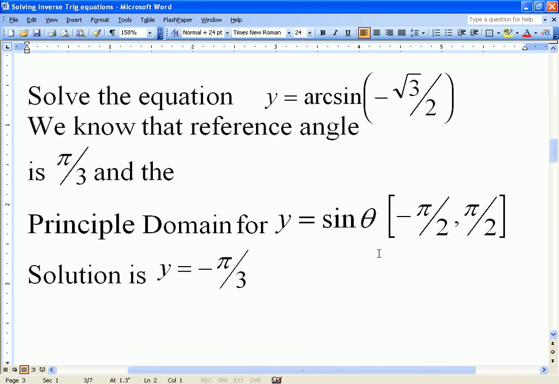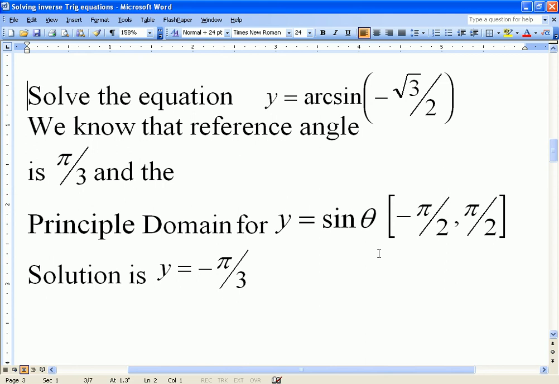The next equation. If we now had to solve y equals arc sine negative root 3 over 2, we still know that the reference angle is pi over 3. The reference angle hasn't changed. The reference angle is always the acute angle in the first quadrant.